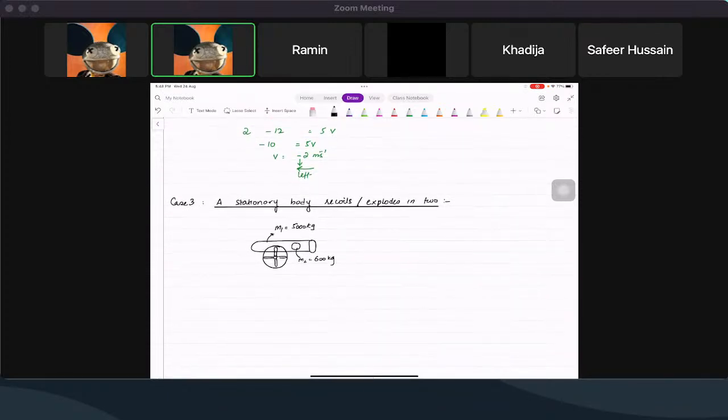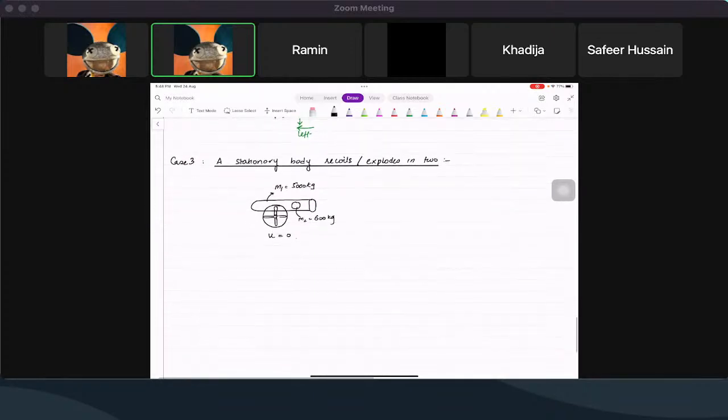Before they explode, their initial velocity will be 0. You need to understand, when they do explode, the cannon would recoil backwards, and the cannonball will move forward.